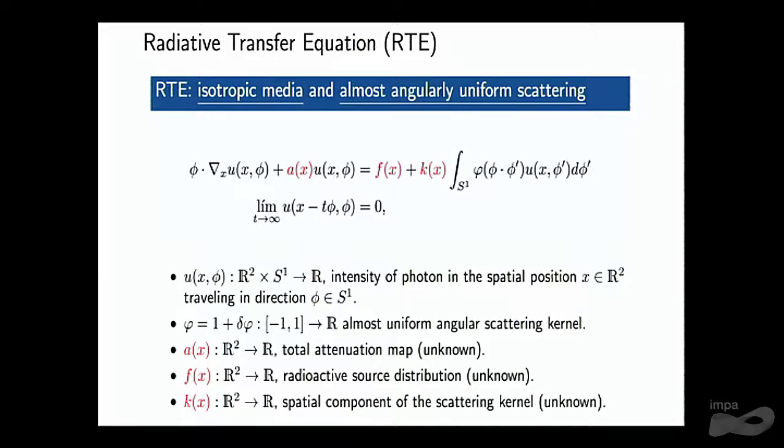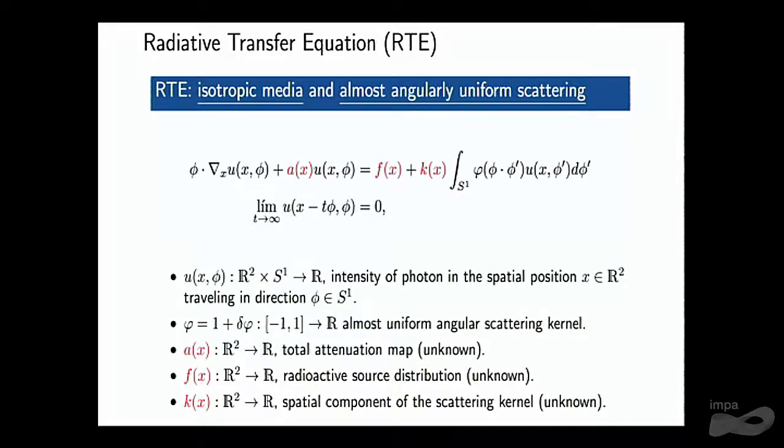For instance, the scattering depends only on the cosine of the angle of incidence between the particles, so the dot product of the directions. And we also consider that it is almost uniform, so the probability for a photon to go in any other direction after a collision is the same, up to a small perturbation.